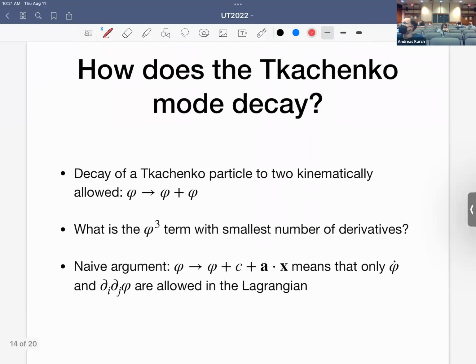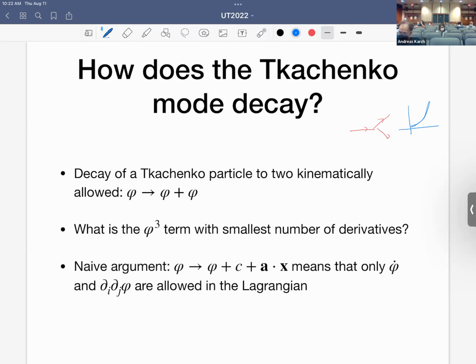Now I can ask, what is the decay of the Kohn mode? Can a mode decay, and what is the rate of that decay? The first question can be answered by just looking at the kinematics of the process of one particle going into two. We know that if the dispersion relation curves upward, then this decay is possible.